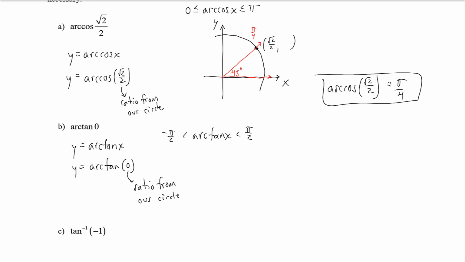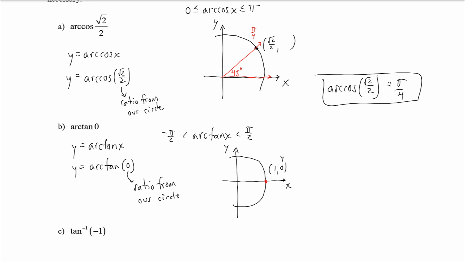So if I'm at 0, remember, tangent's ratio is the y-coordinate from the circle divided by the x-coordinate off the circle. So if this is my circle, the only way that I'm going to get a ratio of 0 for tangent is if I'm over here at the far right.